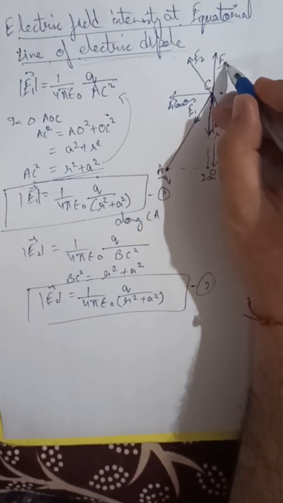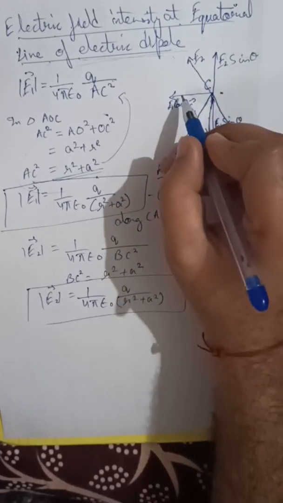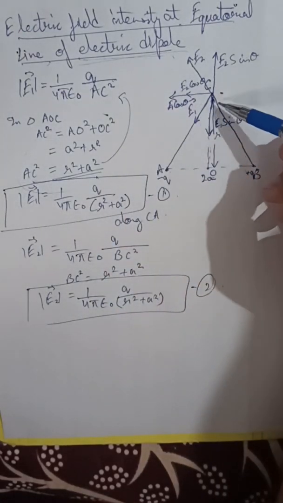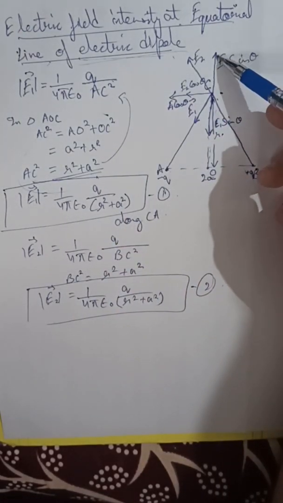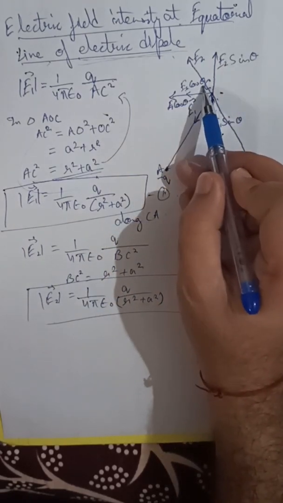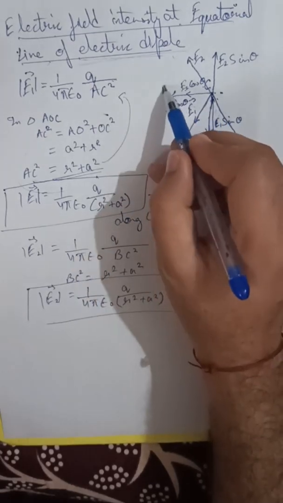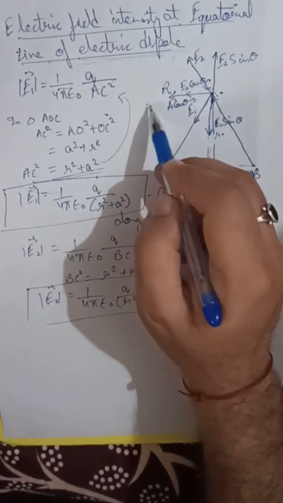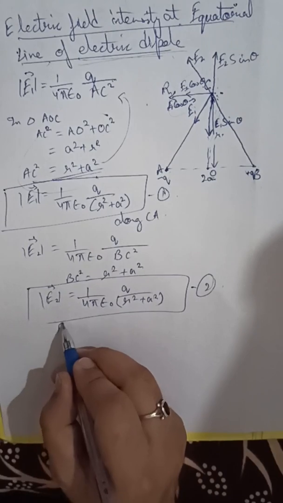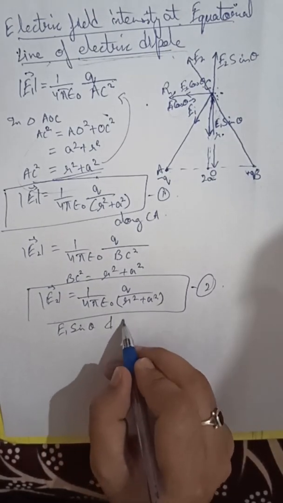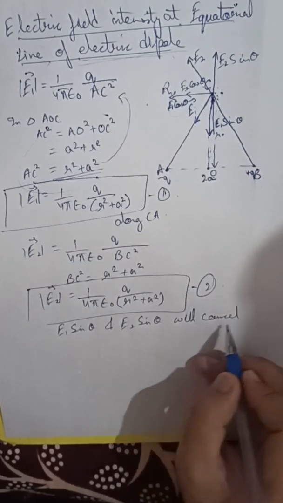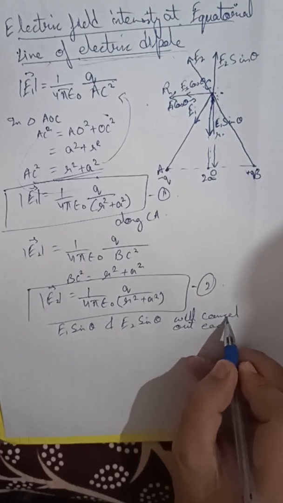This will be E2 sin theta, and here comes E2 cos theta. You can see E1 sin theta and E2 sin theta are equal and opposite, so they will cancel out each other. E2 cos theta and E1 cos theta are in the same direction from C to R, so they will add up. So E1 sin theta and E2 sin theta will cancel out each other.